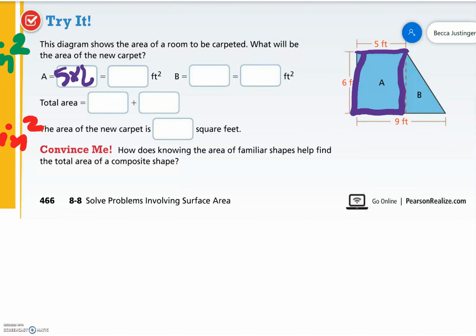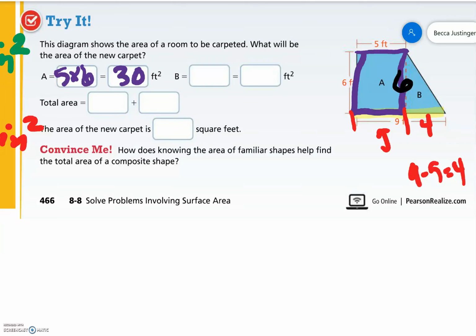Then they want us to find the area of B, but we need length and width, or height and base. The height is still 6. This whole thing is 9. All the way across is 9, but that's not our base. Our base is 9, take away this 5. So 9 minus 5 equals 4.